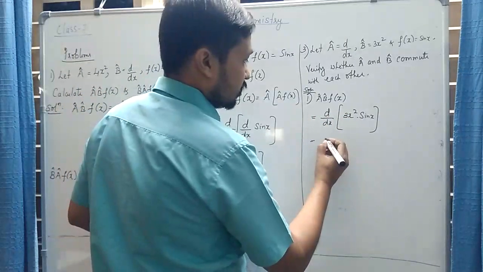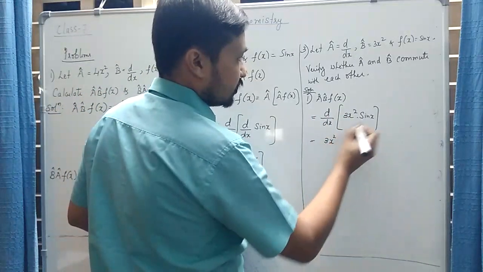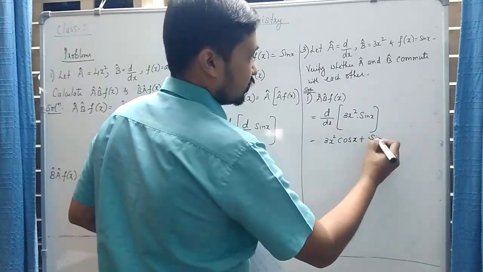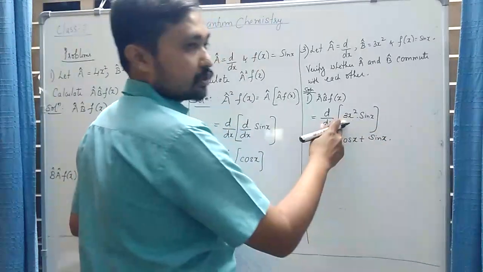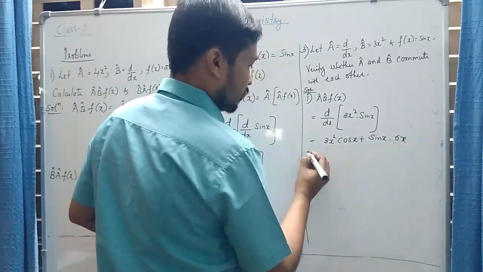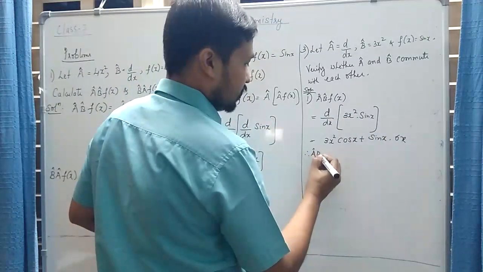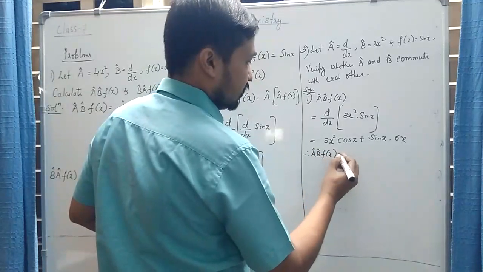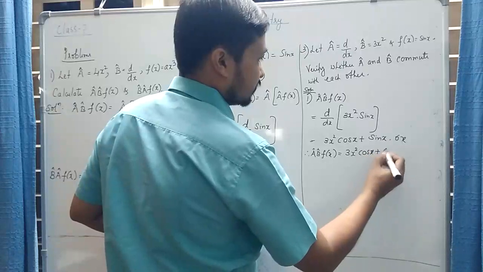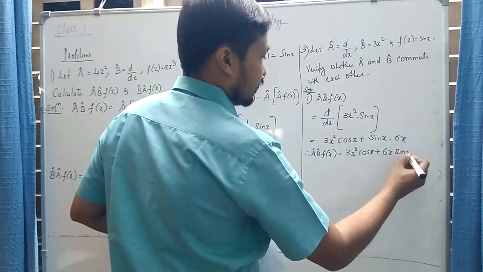So this will be the first function into differentiation of the second function, that is cos x, plus the second function sin x into differentiation of the first function. Differentiation of 3x square is 6x. Therefore A into B of f of x is 3x square cos x plus 6x into sin x.